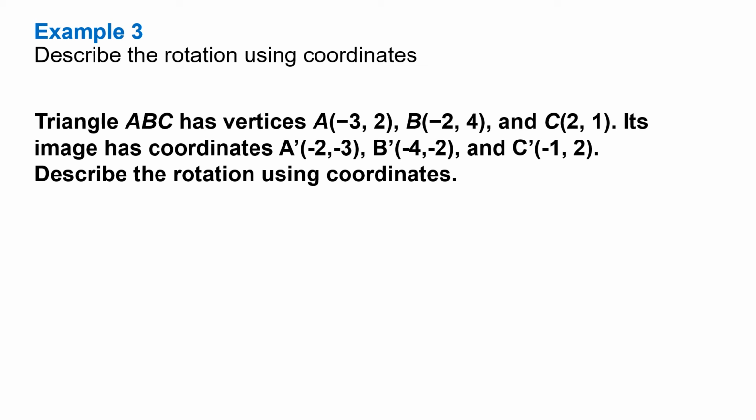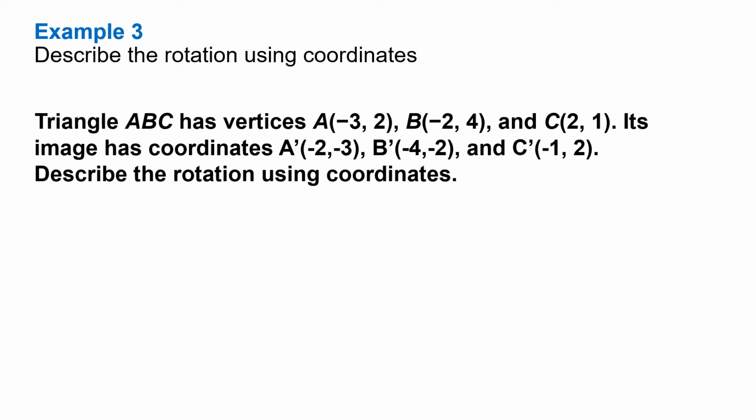So the first thing that I'm going to look for is if there is a pattern in the way that these coordinates have changed. If I look from A to A', I notice that -3, which is the x coordinate in point A, is now the y coordinate of point A'. And 2, the y coordinate of A, is now -2 as the x coordinate of A'.